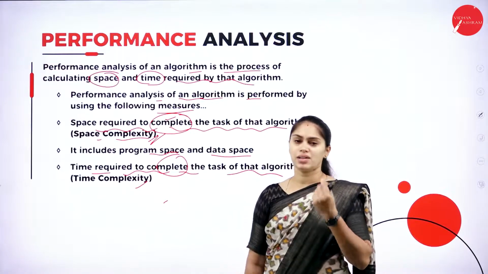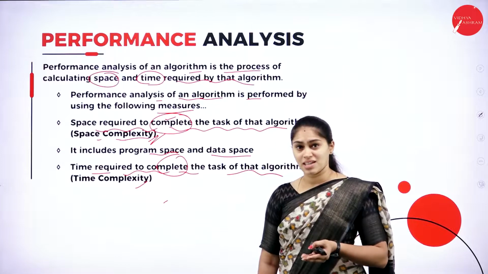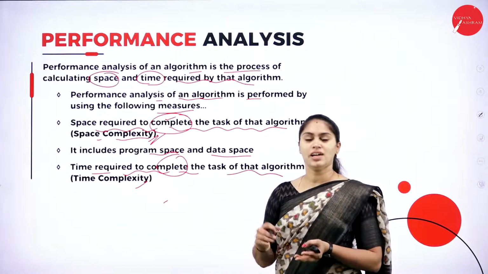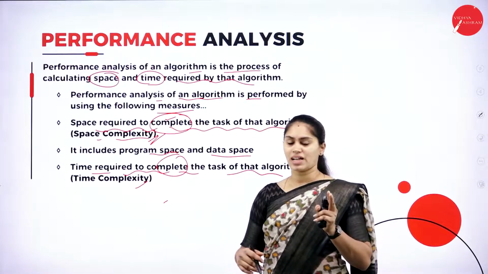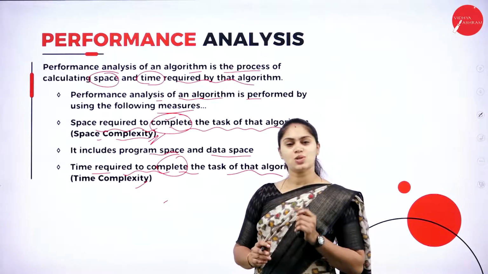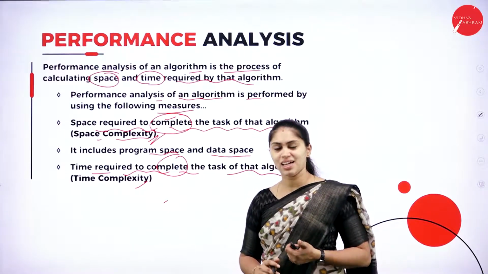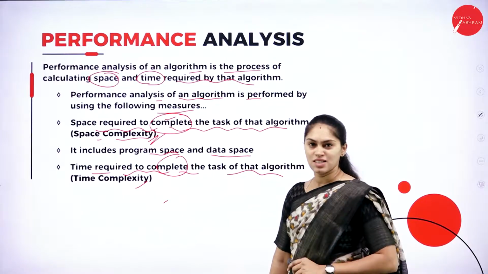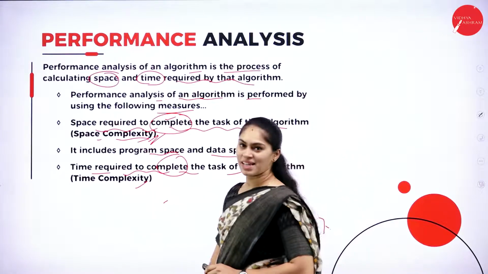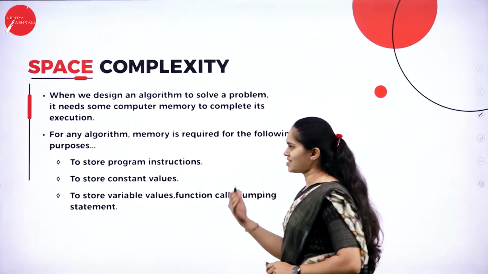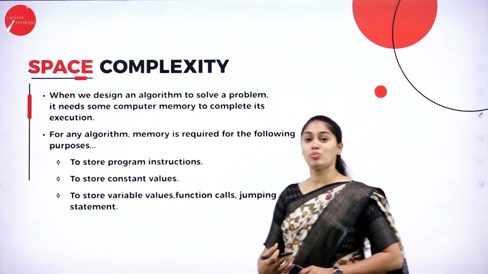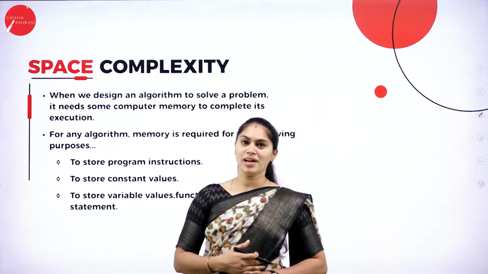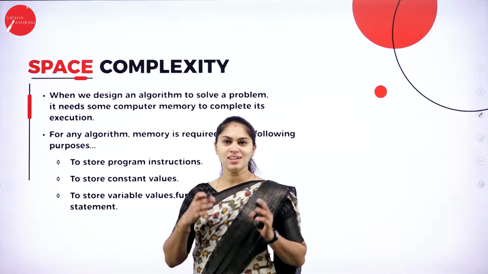So when we say this algorithm is efficient in giving a solution, it has to satisfy mainly two criteria: one with respect to space complexity and another with respect to time complexity. Now we'll see about space complexity. Already we know it is how much space or memory is required to complete the algorithm.